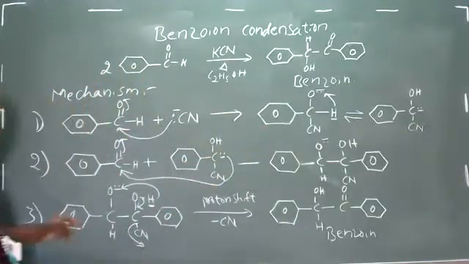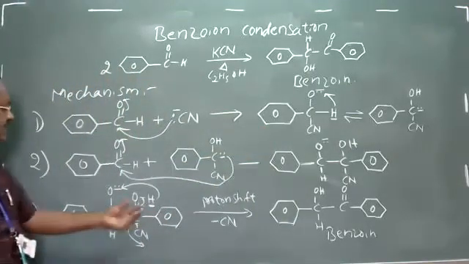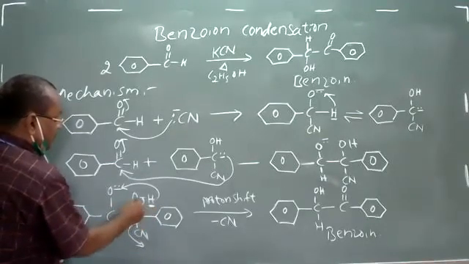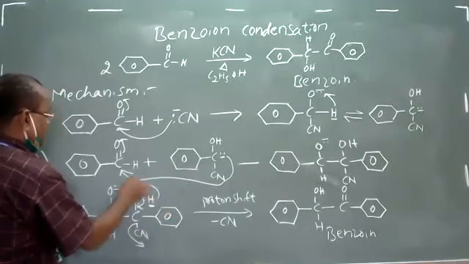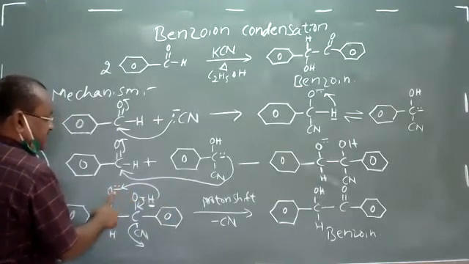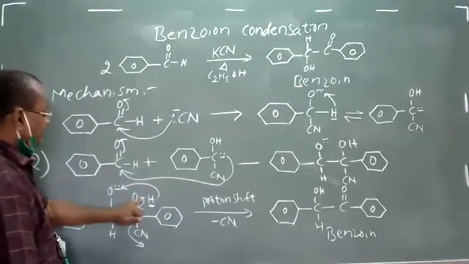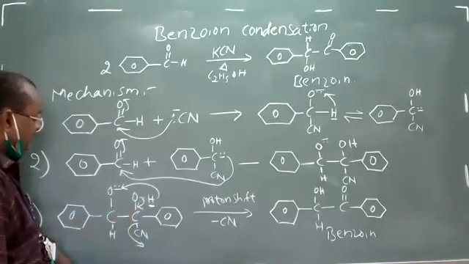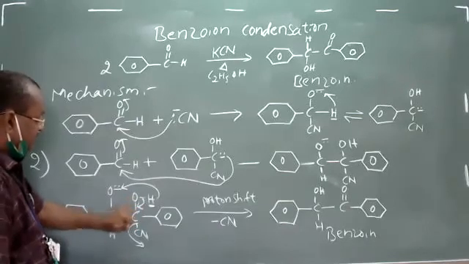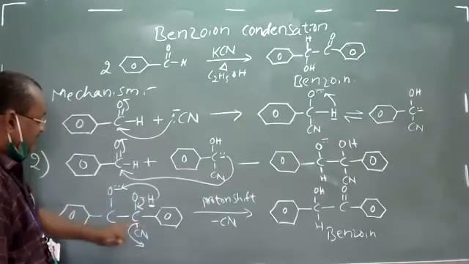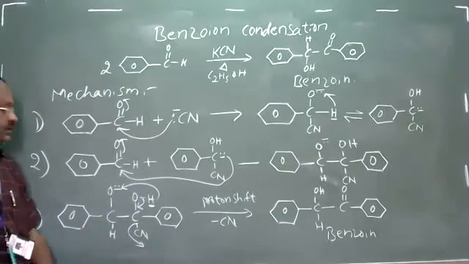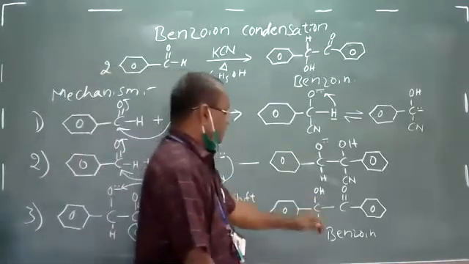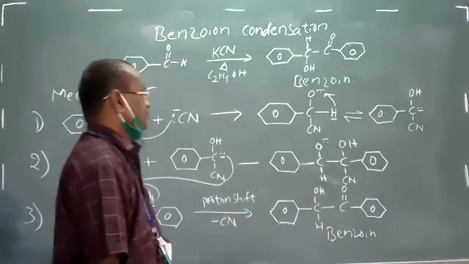That oxide ion in the next step is going to stabilize, where once again a proton shift takes place, where the proton from the hydroxy group will shift to the oxide ion and stabilize it, and the pair of electrons between oxygen and hydrogen will try to form a double bond between oxygen and carbon. When it does, that carbon eliminates the cyanide ion, and thus ultimately, because of this proton shift, benzoin is formed.